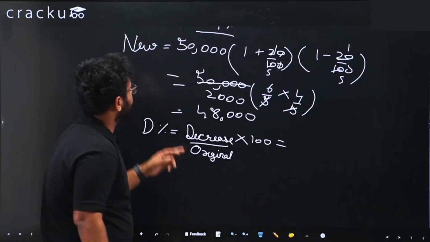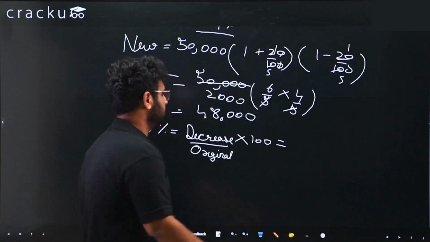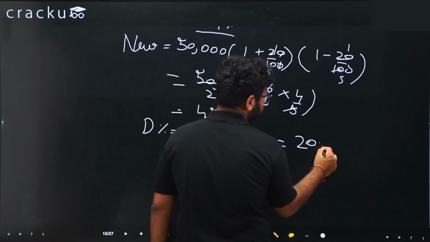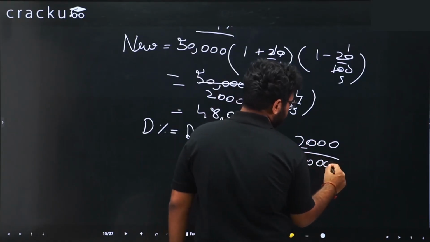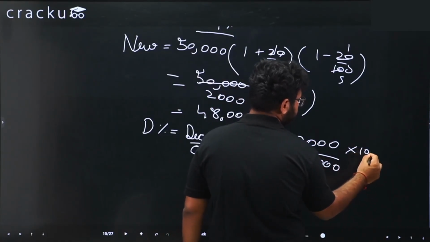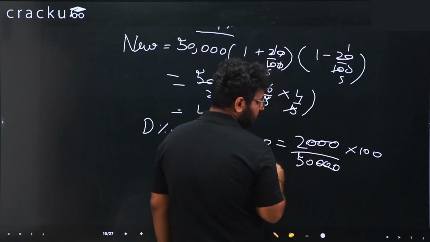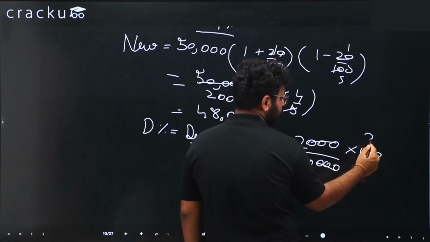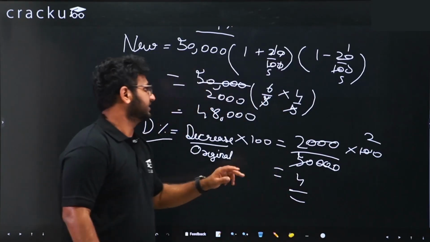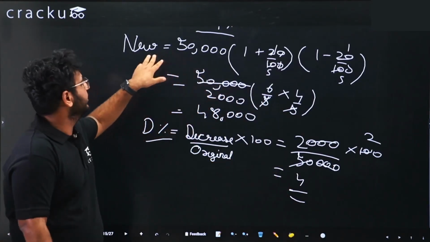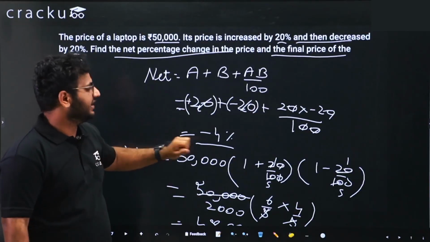So decrease is what? 50,000 minus 48,000, so 2,000 upon original, which was 50,000, into 100. So 000 gets cancelled out. 5 2s are 100. So 2 2s are 4. So percentage decrease is 4%. So either by this method or by this method we get 4%.